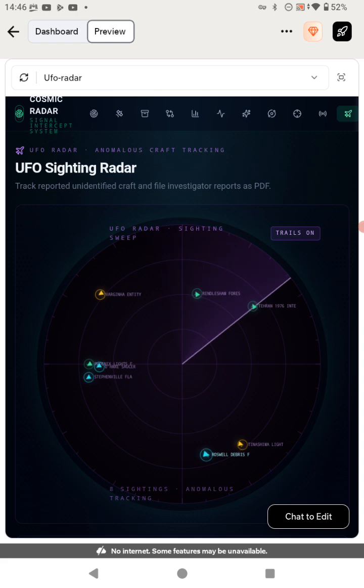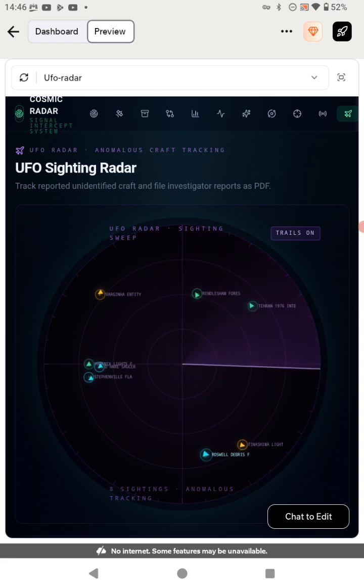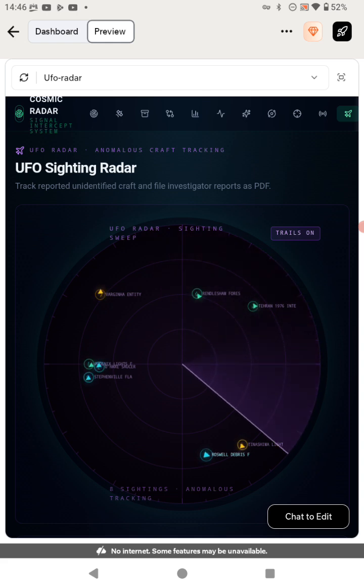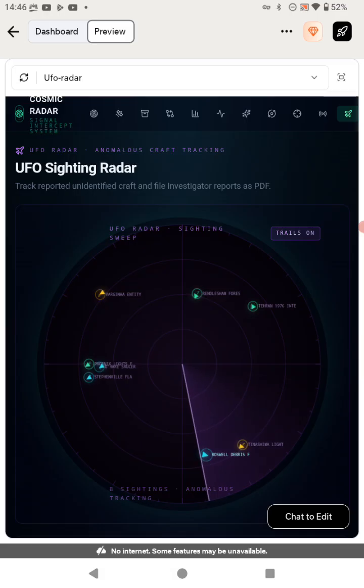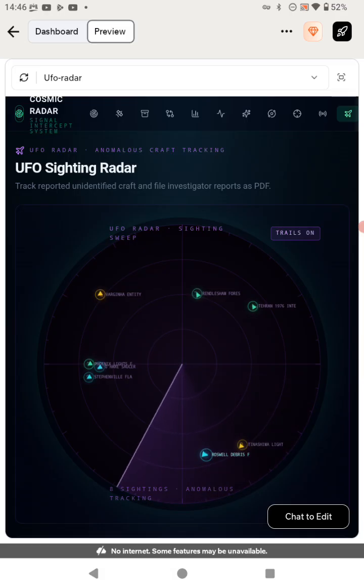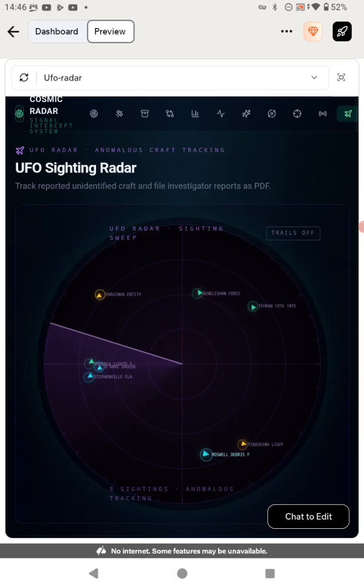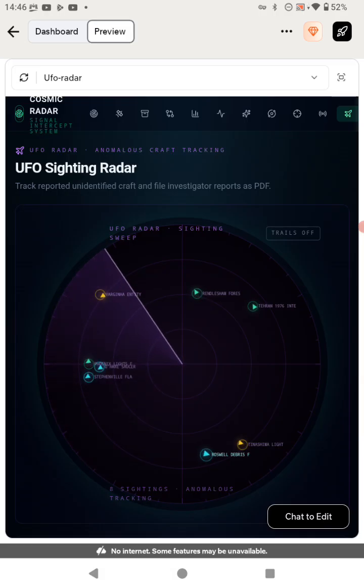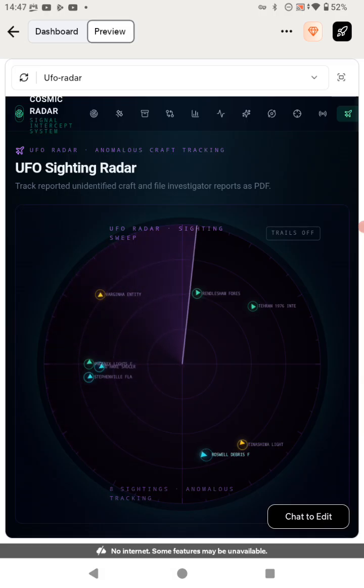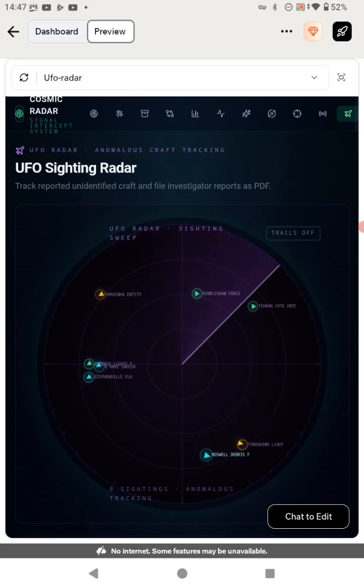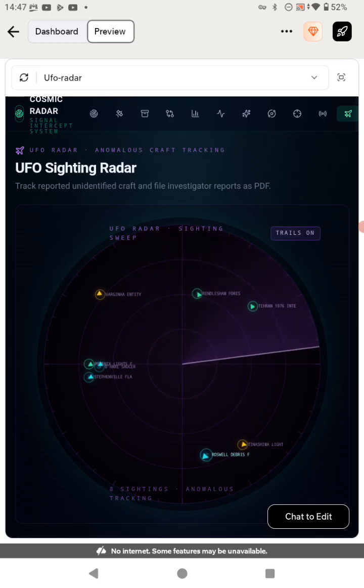It could be a comet, could be a meteor shower, could be an asteroid. Oh, that's another thing I'm going to put in too, is an asteroid radar. Now, if we click that, see, the trails are off, so you don't know where these UFOs are going, so we turn it back on.